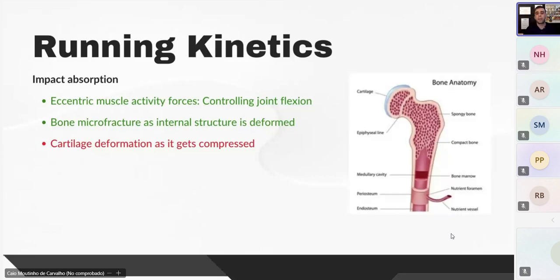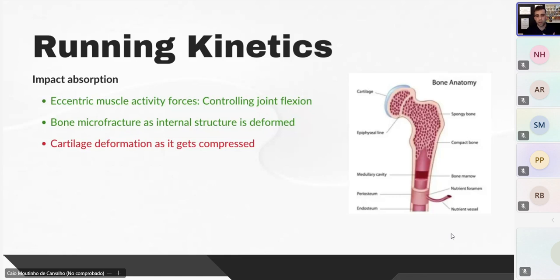Using those spongy bones is part of the process that makes our bones get stronger and prevents diseases such as osteoporosis and things like that. So we want to use the bones to do the microfracture and get stronger bone. And that's also a good way for us to do the impact absorption.